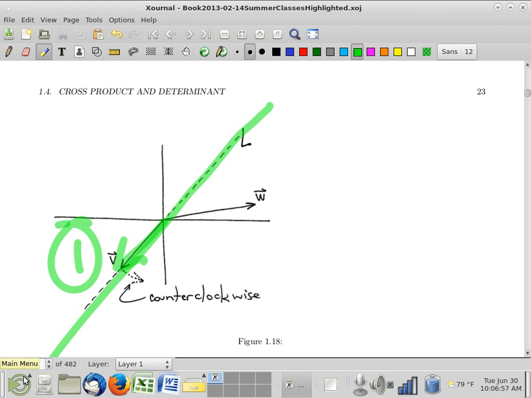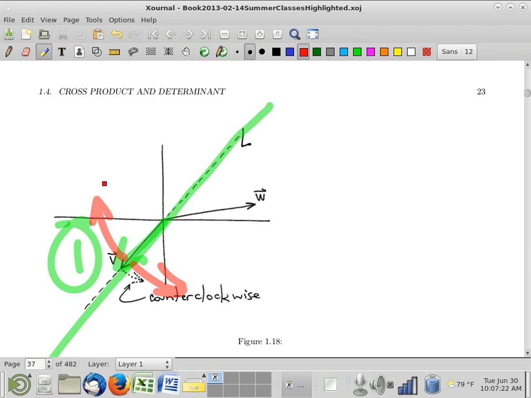But what if the line is like this? Now there's not a left and a right. Well, then there's a top and a bottom. Okay, fine. But then what if the line is like this? Now there's not a top and a bottom. What there always is, though, is a side clockwise from where the vector points, and a side counterclockwise.